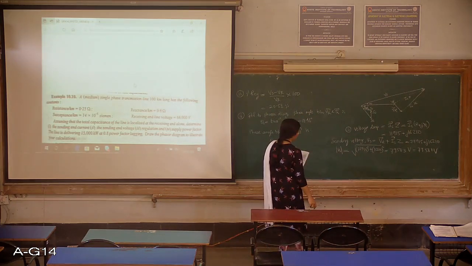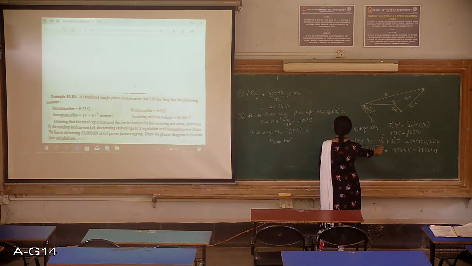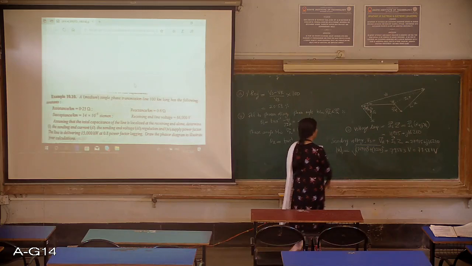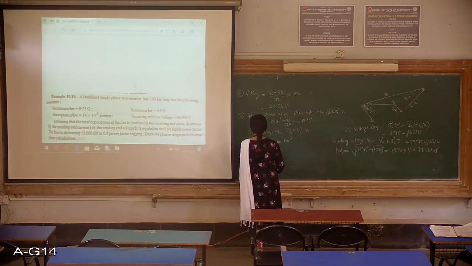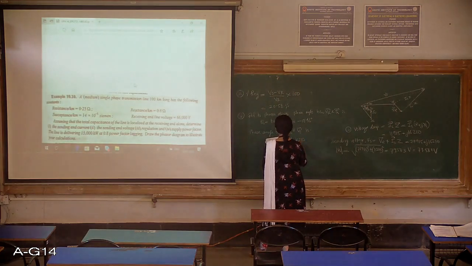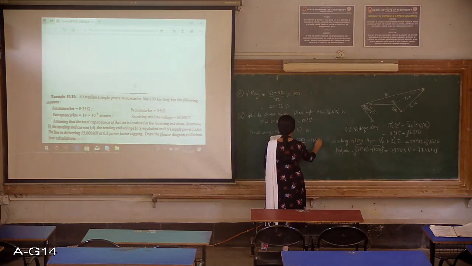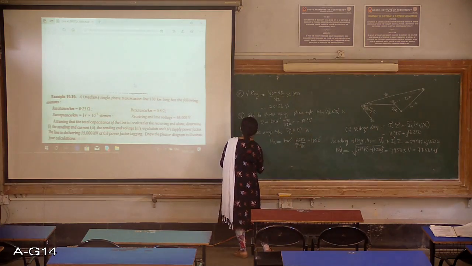Here you can see VR and VS, so you refer this expression. Tan inverse will give you the angle between your VR and VS. So theta 2 will be tan inverse 16,210 divided by 77,915. This comes out to be 11.50 degrees.